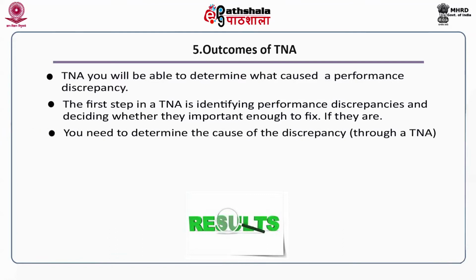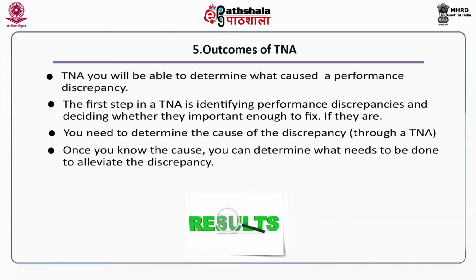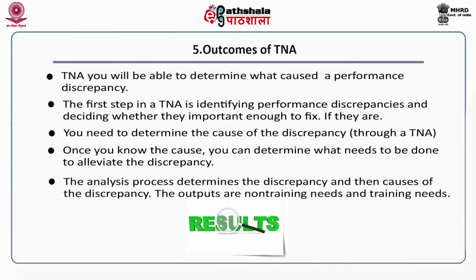You need to determine the cause of the discrepancy. Once you know the cause, you can determine what needs to be done to alleviate this discrepancy. The analysis process determines the discrepancy and then the causes of the discrepancy. The outputs are non-training needs and training needs.